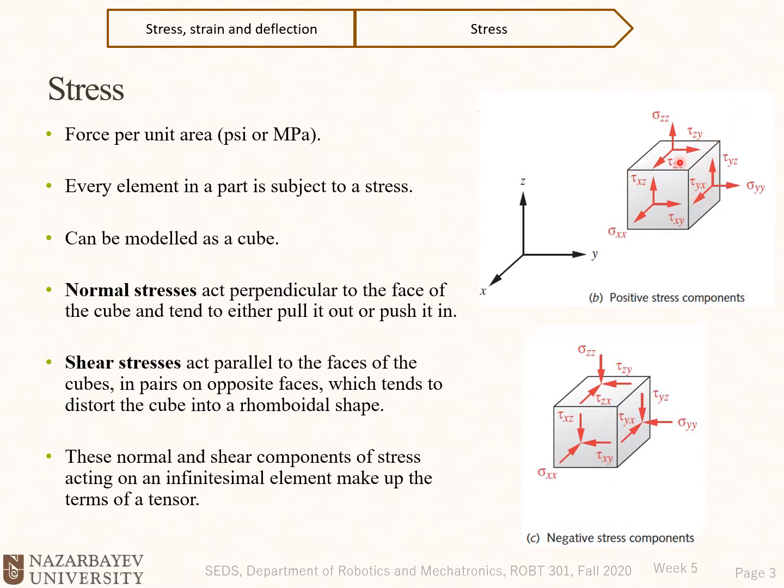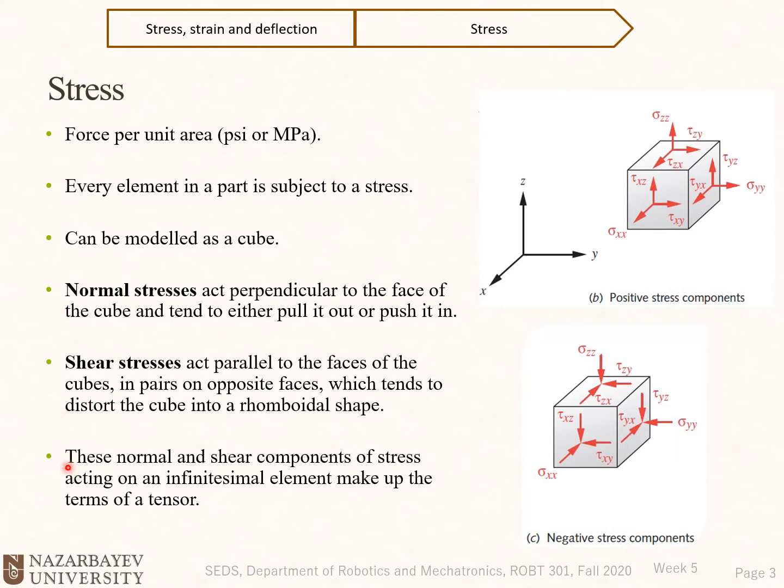So the shape of the cube will stay as a cube. It doesn't change the shape, but they tend to change the volume. So normal stresses keep the shape but change the volume of the cube. Shear stresses tend to distort the cube.